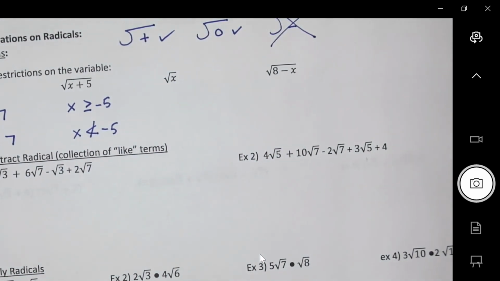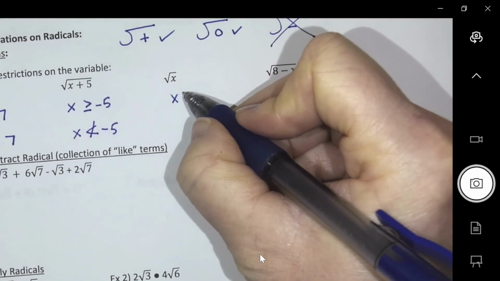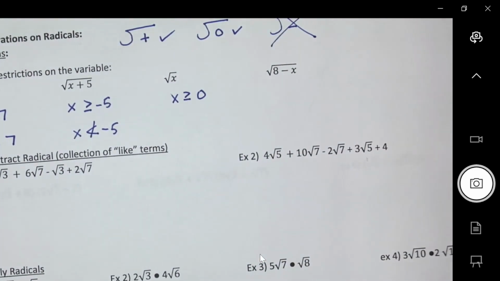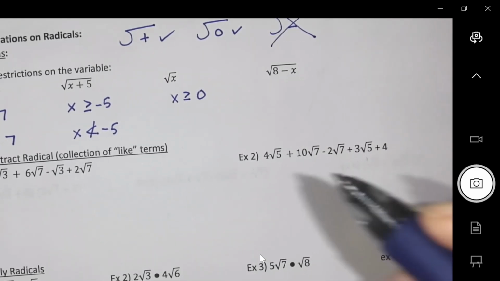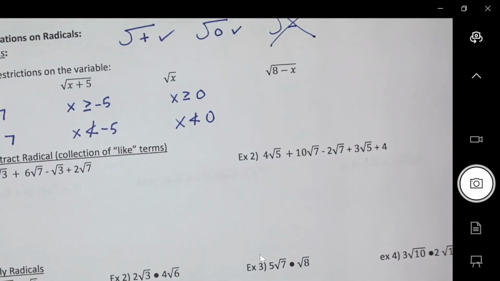Okay, the third one, what does x have to be? At least 0, yeah. So x has to be bigger or equal to 0. If you prefer to write it in the other way, if it's confusing you, just don't even write it. But I will express, I don't want x to be less than 0.